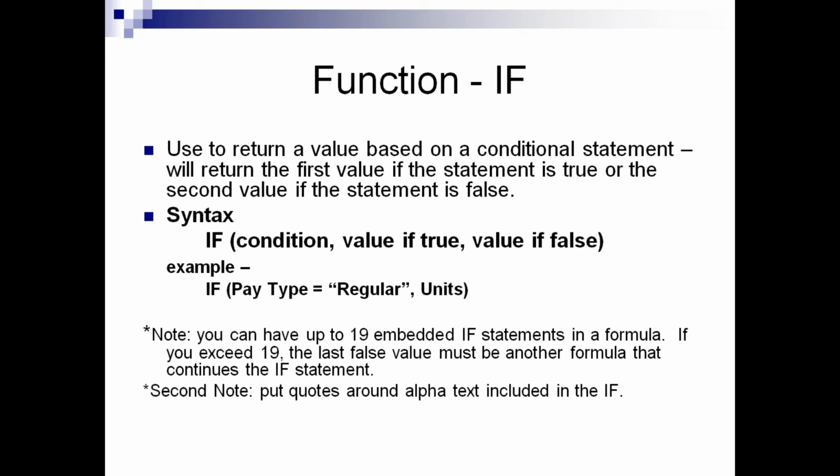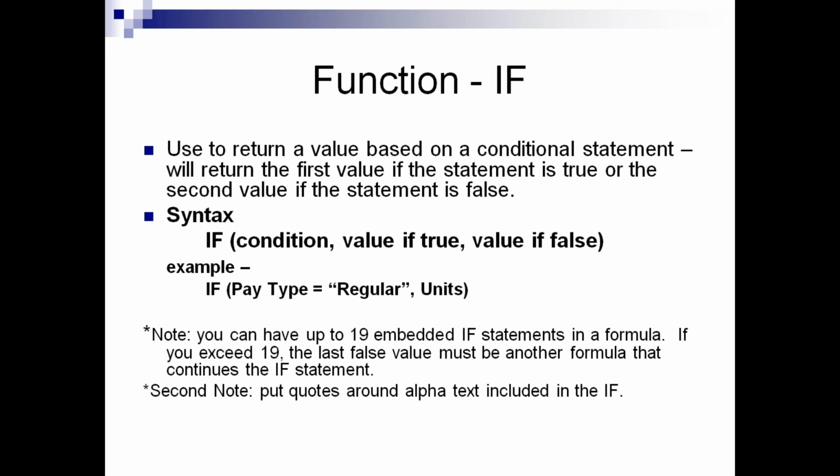So the example I've given you here is if the pay type is equal to regular, give me units. So this could be a payroll function or formula where I'm saying maybe in a specific column I want regular hours.